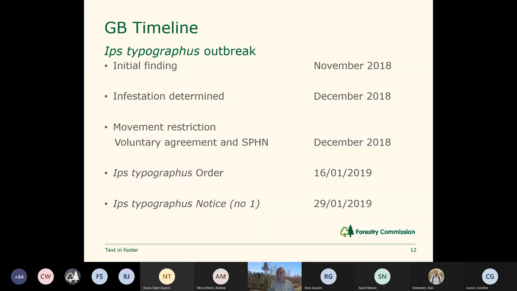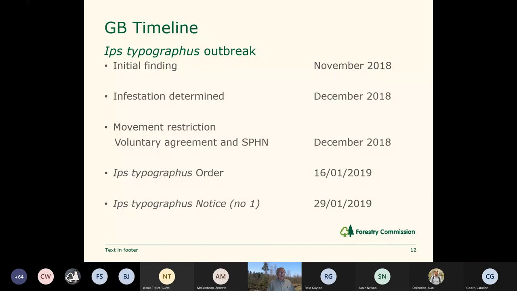The infestation was confirmed in December 2018, and immediately we started following the contingency plan, which straight away put a movement restriction in place for any material from that part of the country, and we had a very rapid response and take up from the principal forest operations and forest management sector.